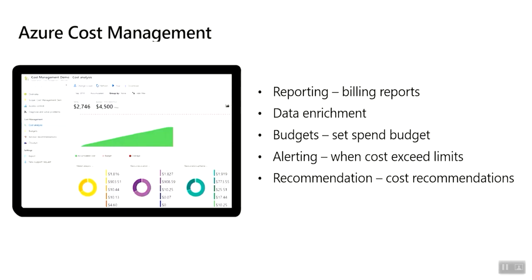Or you can set up alerts, so you can alert managers or anybody in charge of a project as you start to approach that budget. So in my account, I have a $150 budget. Every time I log in, it lets me know how much of my budget is left. And just like when we looked at Azure Monitor, we have that cost management piece, so it's going to make recommendations on how you can save money.